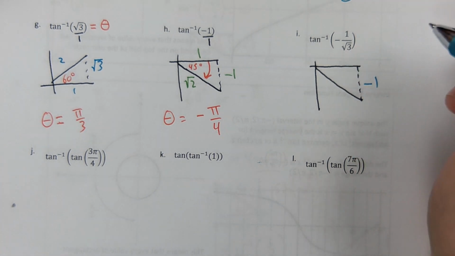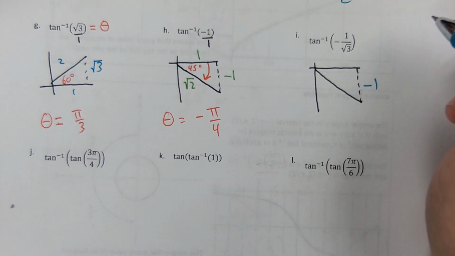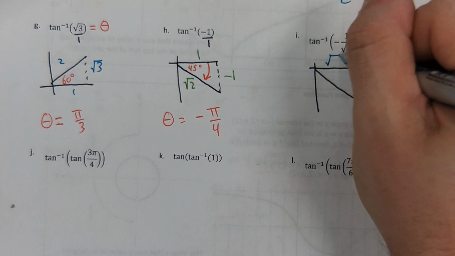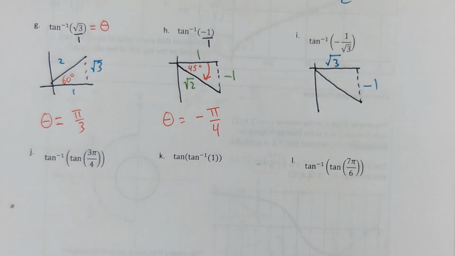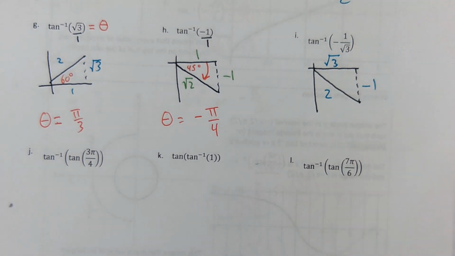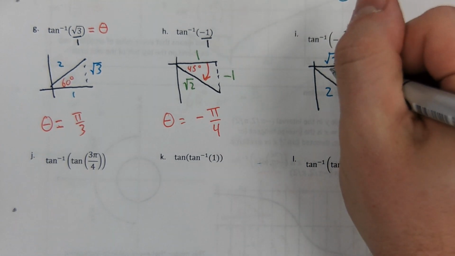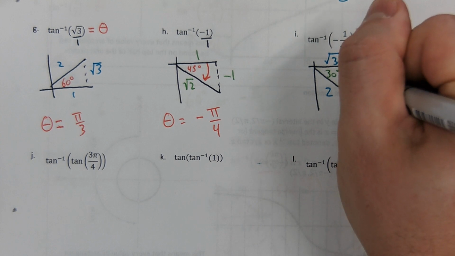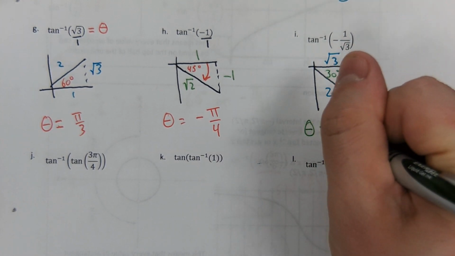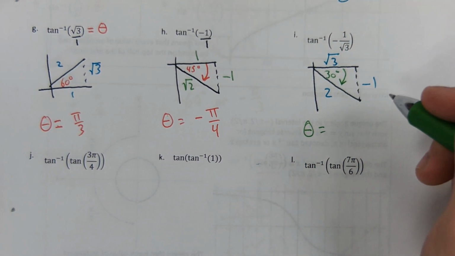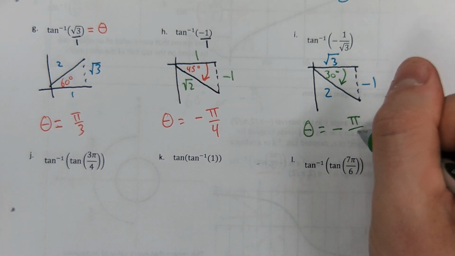I think I said y over r, didn't I? It's y over x. What's the size of that reference angle in degrees? 30 degrees. But we know because it's tangent inverse, we're doing this. So what is our answer in radians? Negative pi over 6. Good.